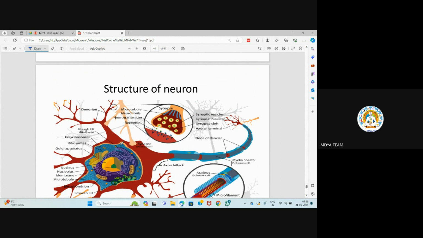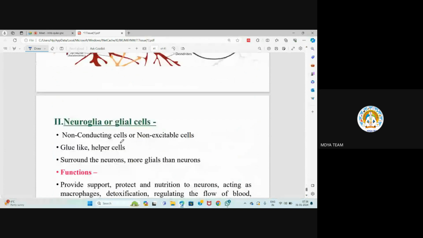So neurons receive and process electrical impulses, so they are excitable. They get excited when they get an electrical impulse, and they conduct it.